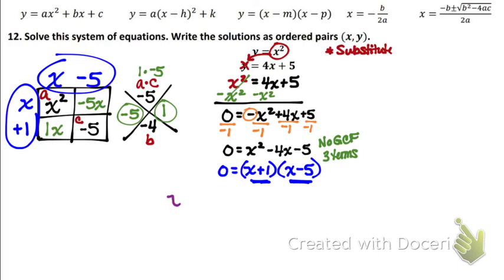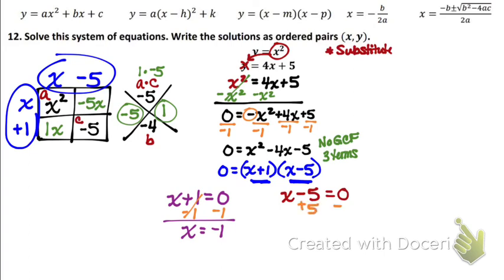What do I do with each one of these factors? Set them equal to 0. x plus 1 equals 0. x minus 5 equals 0. I solve each of these for x. So x is negative 1, or x is positive 5.